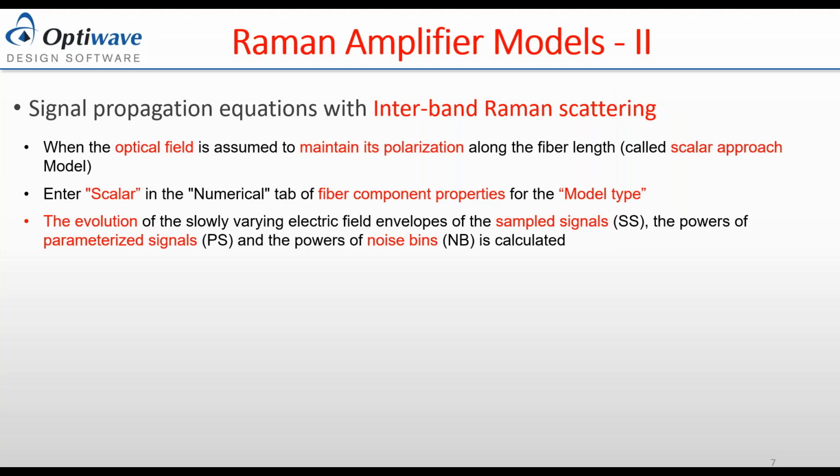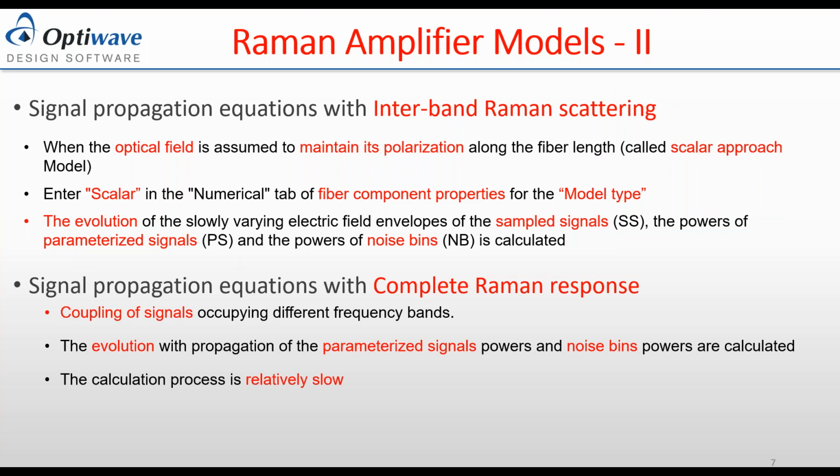In this model, you have to set the model type to a scalar approach. I'm going to show you later how to set the model type to the scalar approach. Once it's done, you will be able to use the model where the evolution of the electric field, sampled signals, parameterized signals, as well as noise bands will be calculated.